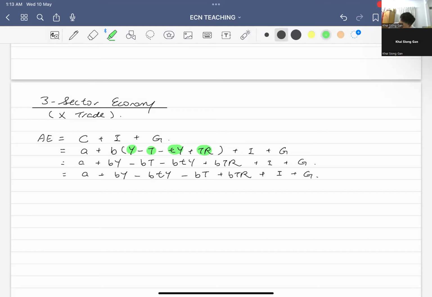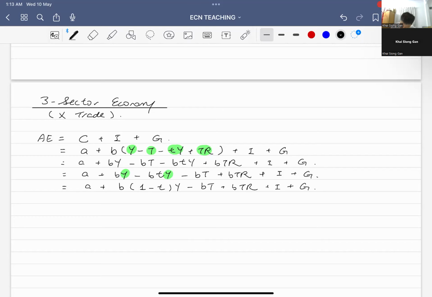Because I want to move these both components with Y to one part here, because that will be easier for me to do this. Now I can rewrite it like this: a plus b(1 minus t)Y, so it looks better now, minus bT plus bTr plus I plus G.